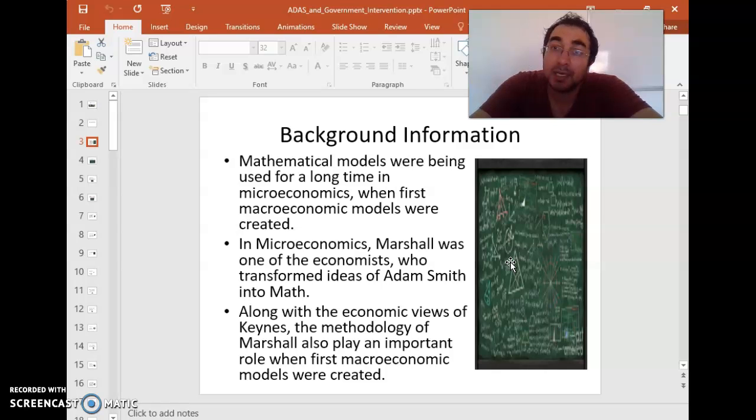Algebraic models do not make it that possible to visualize the economic processes. So graphics helped make economic relations or economic subjects simpler to understand.